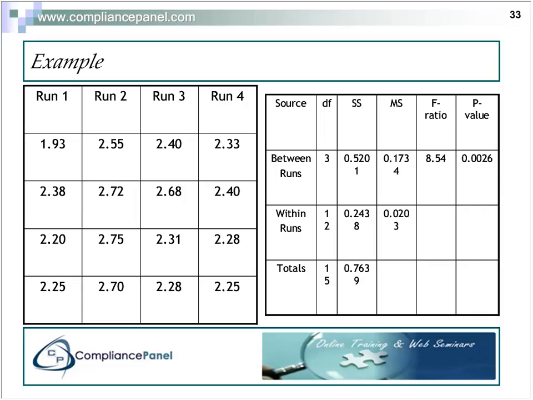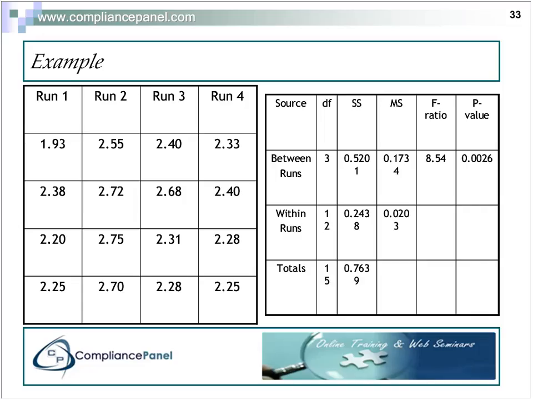I'm not giving you the formulas to calculate the sums of squares and mean squares. But you take the sums of squares, you divide it by the degrees of freedom, that gives you a mean squared. If I take the 0.1734 divided by 0.0203, I get an F ratio of 8.54. When I go to an F table for 3 numerator degrees of freedom, 12 denominator degrees of freedom, I find out that the p-value is 0.0026.